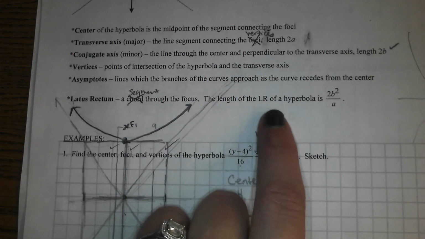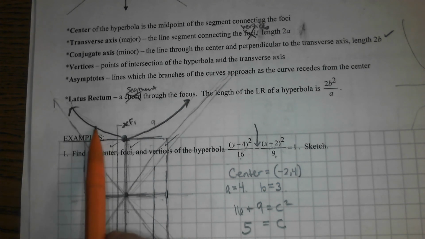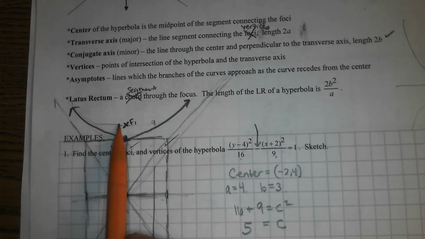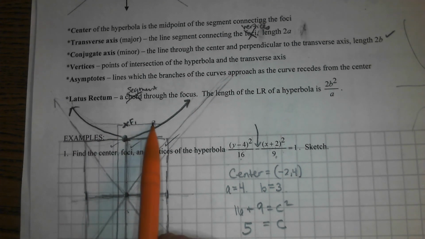The length of the latus rectum of a hyperbola is 2b squared over a. So a line segment through the focus. I'm going to guess that it's this line segment right here. The length of that. That's your latus rectum. Follow?